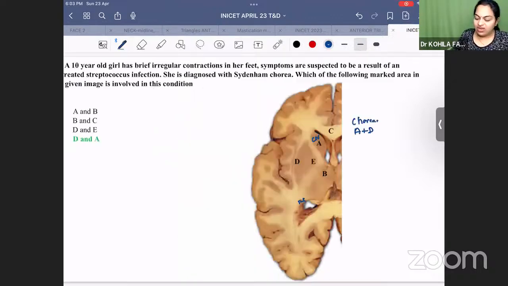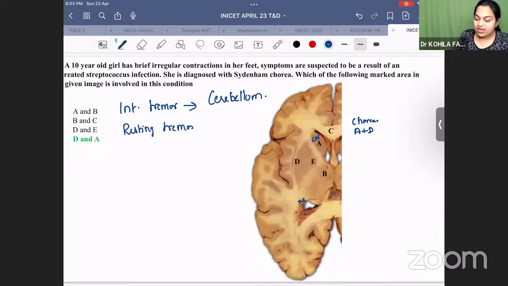Now tell me, if in case you have a sign of intentional tremor, what are the other movement disorders? Where is the lesion? If you see the term intentional tremor in a case scenario, where is the lesion? It involves which part of the brain? Cerebellum, right? Resting tremor, where do you find?